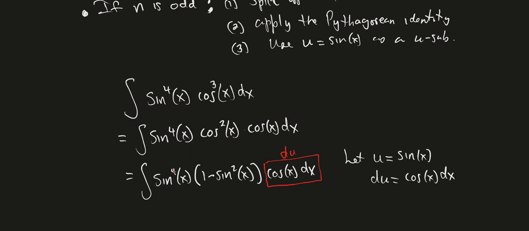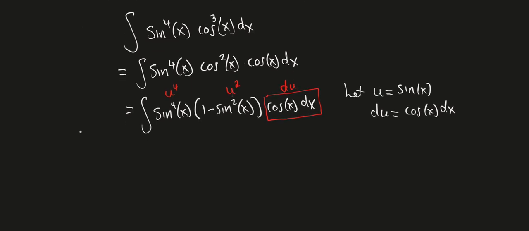The sine to the 4th power becomes u to the 4th power. The sine to the 2nd power becomes u to the 2nd power. So now I can rewrite the entire integral in terms of u. And this is what it looks like. So we have the integral of u to the 4th times the quantity 1 minus u squared du.